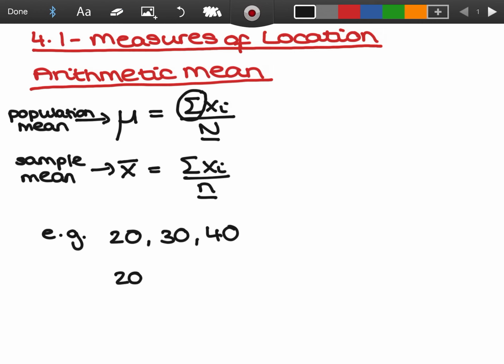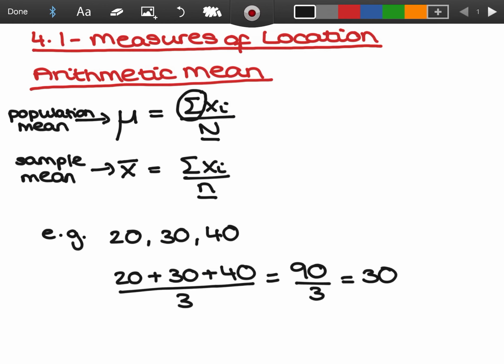Well, all I need to do is I'm going to add them together and divide by the number of data points that there are. So this would give me 90 divided by 3, which is equal to 30, which makes sense, okay? The average of those three, they're equally spread out. It's going to be the midpoint, okay?